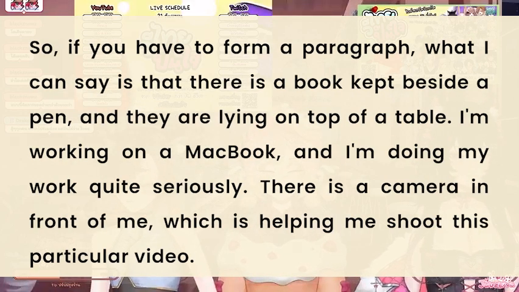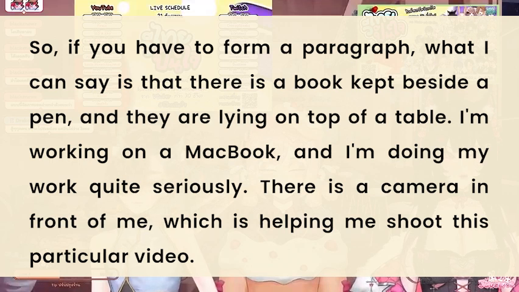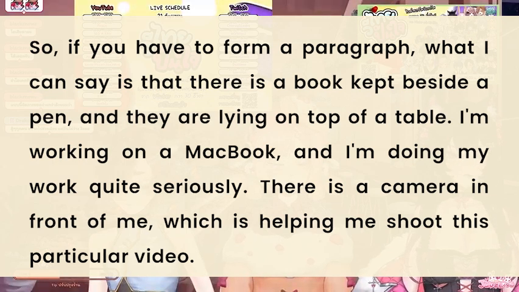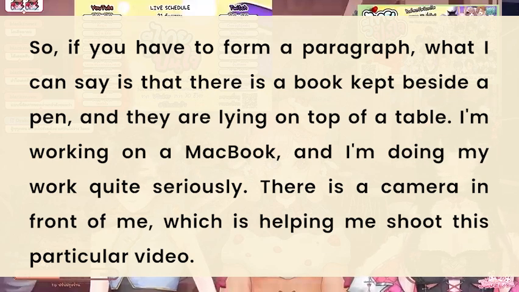So, if you have to form a paragraph, what I can say is that there is a book kept beside a pen, and they are lying on top of a table. I'm working on a MacBook, and I'm doing my work quite seriously. There is a camera in front of me which is helping me shoot this particular video.